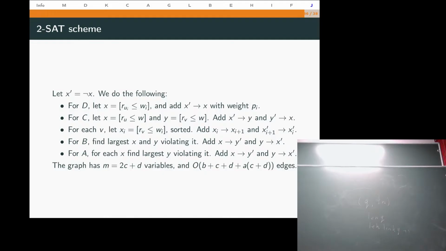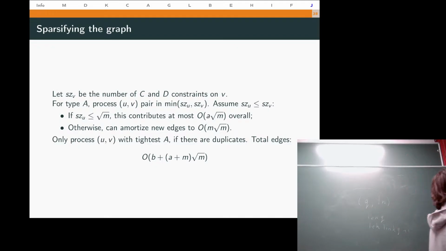And here, depending on which circle we choose, there might be a different amount of new edges that we add, because the amount of new edges corresponds to the amount of edges in the first vertex that we chose here. So because of this, it always makes sense for us to only process the smaller vertex when we create new edges for constraints of type A.